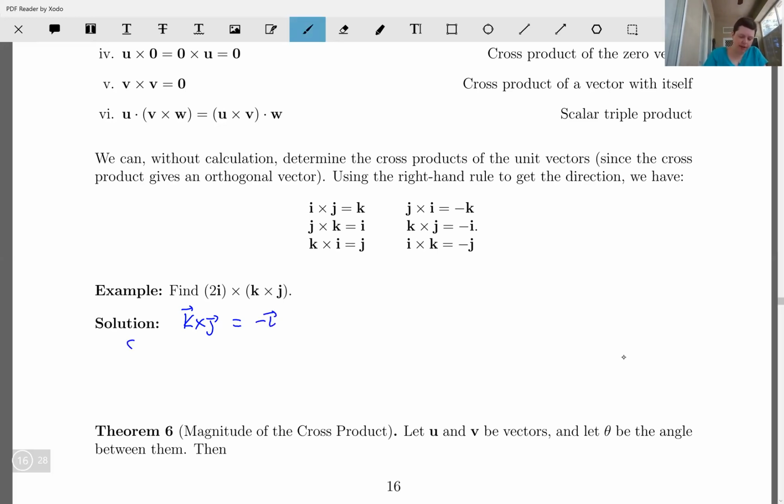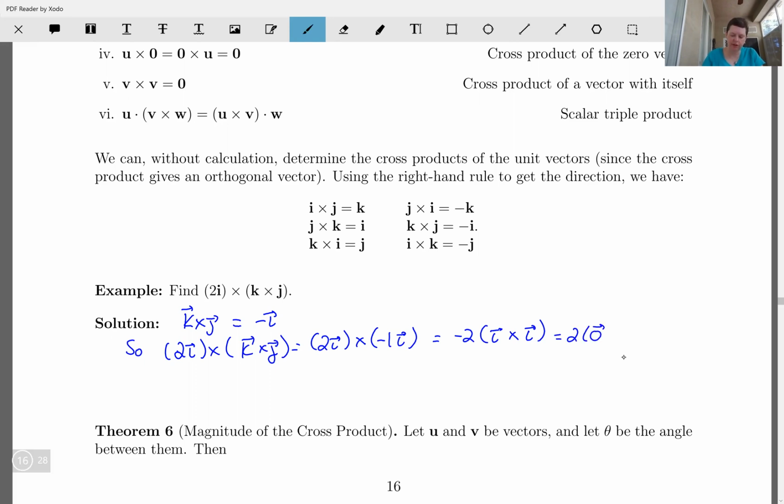And so that tells me that 2i cross (k cross j) is really 2i cross negative 1 times i. So that's going to give me a negative 2, because we could take the scalars out, times the cross product of i with itself, but that's just the zero vector. So my answer is the zero vector.